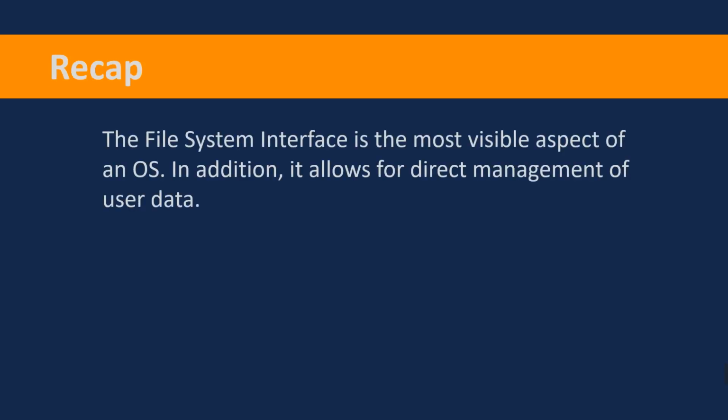So to recap, the file system interface is the most visible aspect of an OS. All the other things are abstractions, but when you are talking about the file system interface, you can really see something. You see the file, you see the directory, you see where the file is.